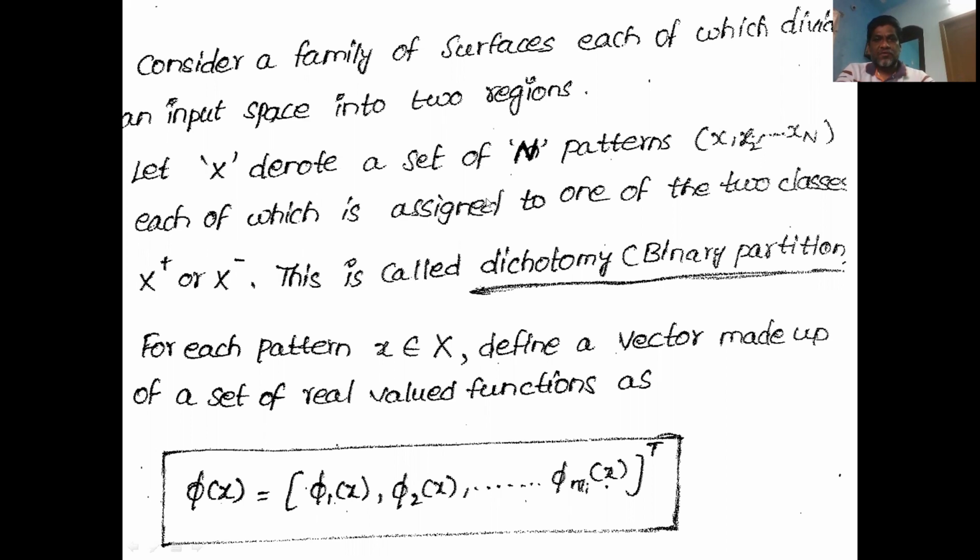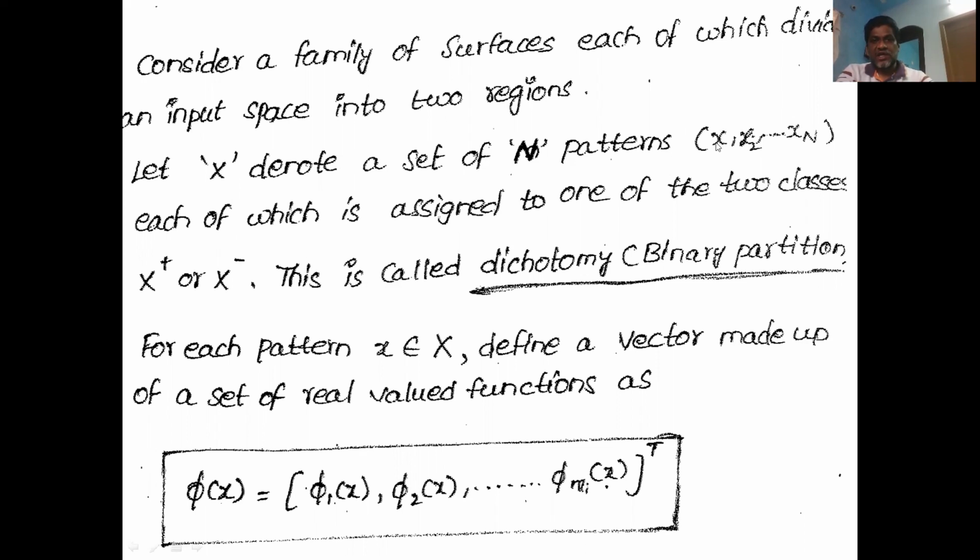So what we have here is n input patterns labeled x1, x2, and so on, xn, and each of these input patterns can be classified into either x plus or x minus. That means x1 may belong to the x plus class or the x minus class. Similarly, x2 may belong to the x plus class or the x minus class, and so on.